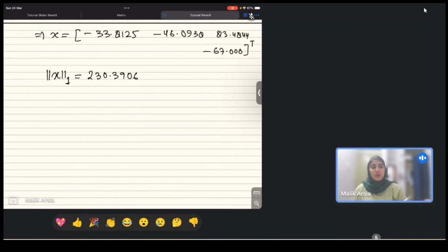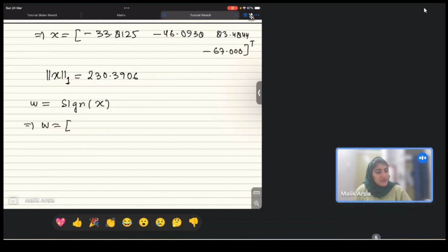Now after this, what is the next step of the algorithm? That we calculate w. w is the sign of x, the vector containing the sign of x. Whatever the signs of the entries are, we multiply that with 1 and write them as the entries of w.